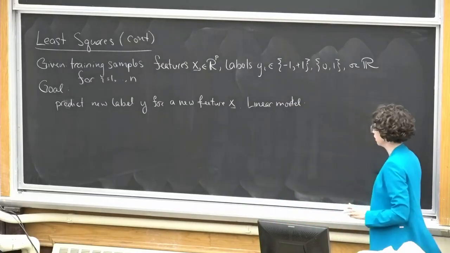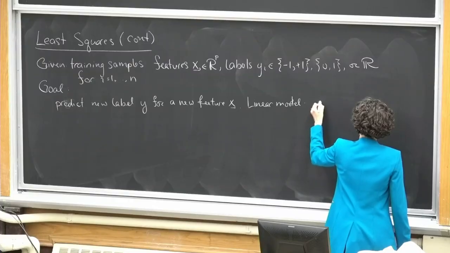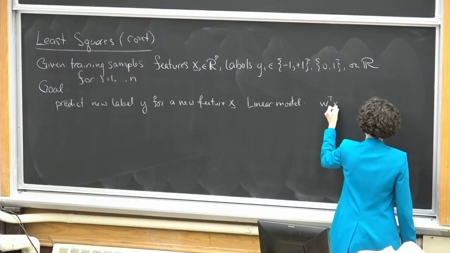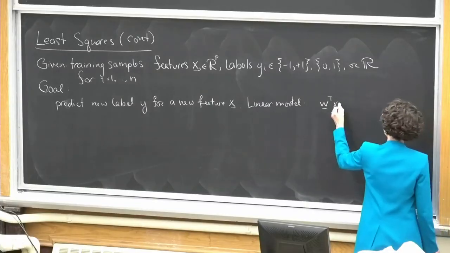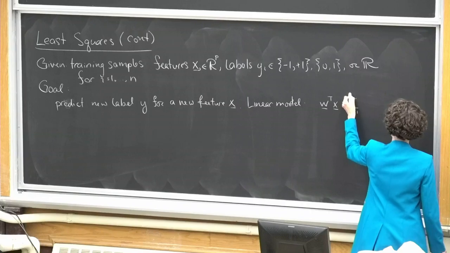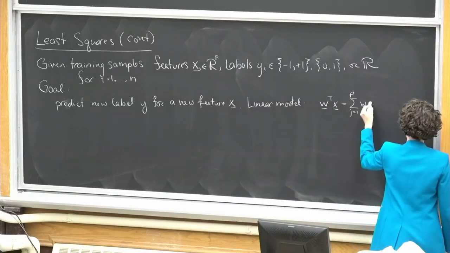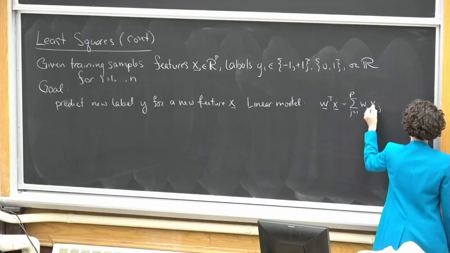So specifically, our prediction is going to have the form w transpose x, where we take the inner product, or in other words, we are going to have the sum from j equals 1 to p of weight j times this vector x's jth element.